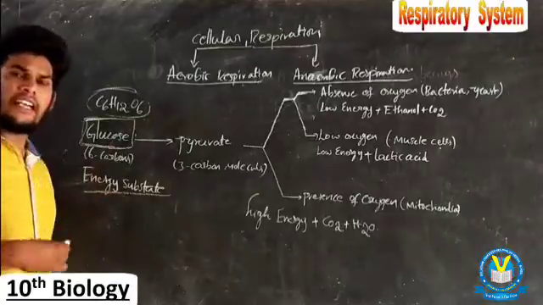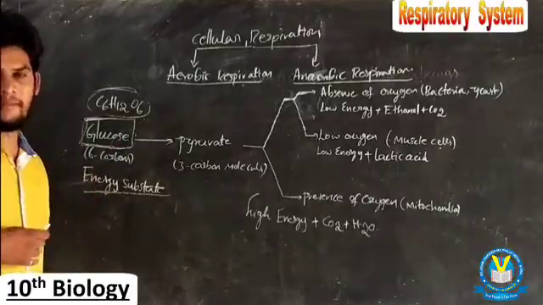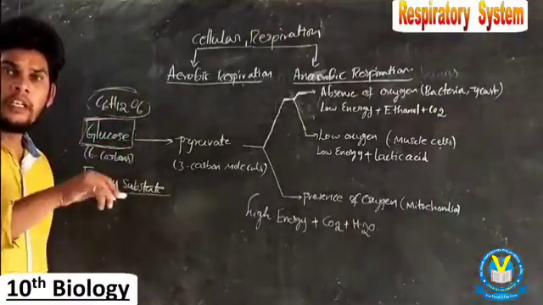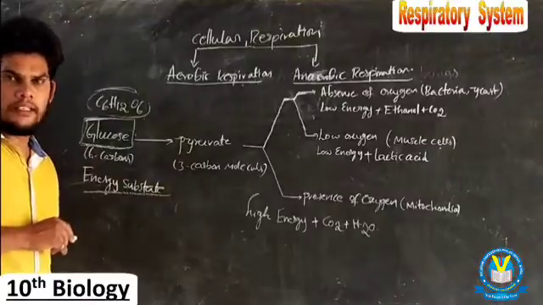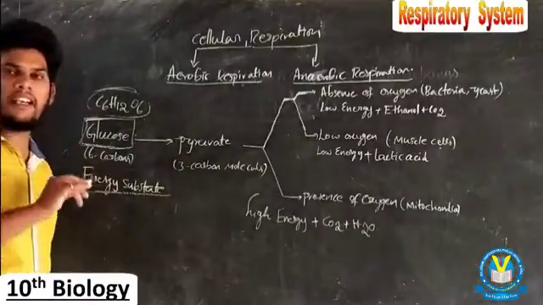Glucose is carried by the blood from the digestive system to the cell. Oxygen is also carried by the blood.